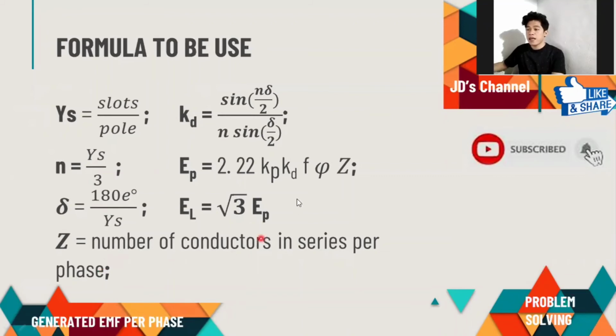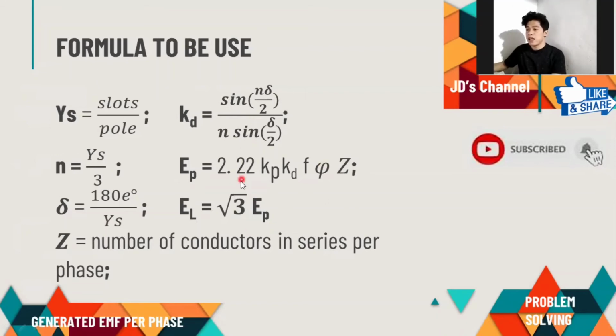Then KD or KB: sine of N times delta over 2, over N sine of delta over 2. Then the generated EMF per phase is 2.22 KP KD times frequency, flux, and Z. And the terminal voltage is the square root of 3 times E phase.